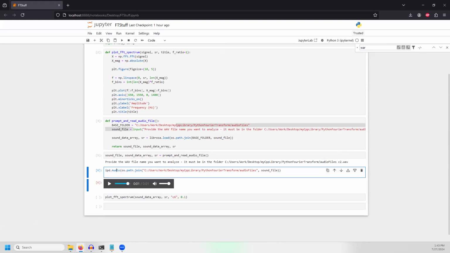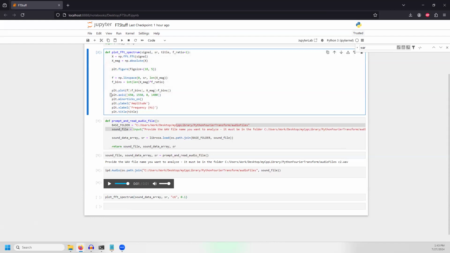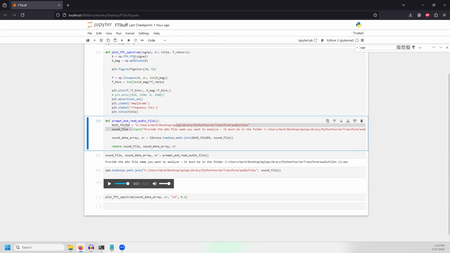Let me double check that I'm recording computer audio or sharing computer sound. Yes, it should be. And if we plot the spectrum, it's plotted on a particular axis range right now. So let me comment that out and rerun this function definition, which does all of the magic, so to speak. So I just reran that.